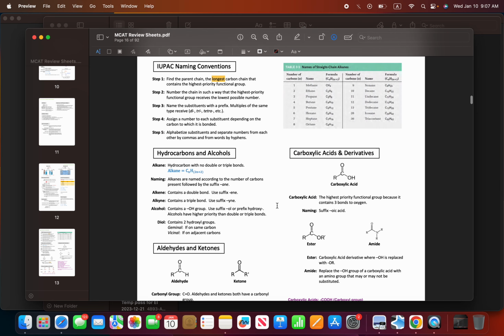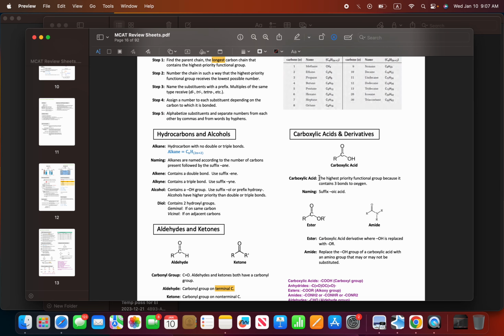And then we have the carboxylic acid, the highest priority functional group because it contains 3 bonds to oxygen. Okay, so the more bonds you have to oxygen, the higher is your priority. And oic acid is the suffix. Then we have esters, a carboxylic acid derivative where OH is replaced with OR.